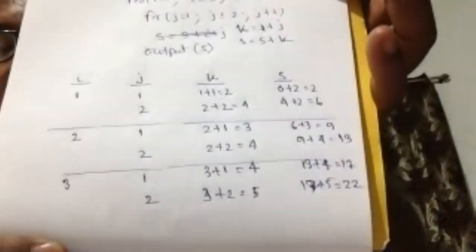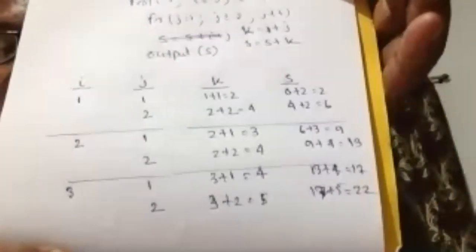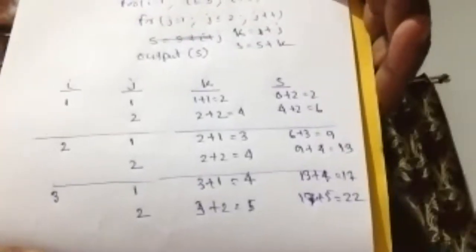What is the result? 21. 21. Sure. In my case this is 22. See, according to the table, you see where you have 22. You made a mistake.